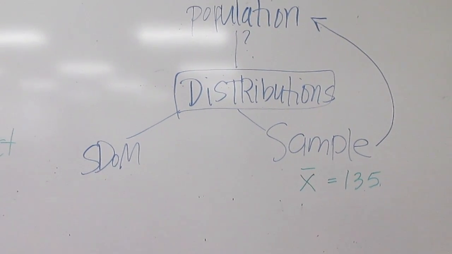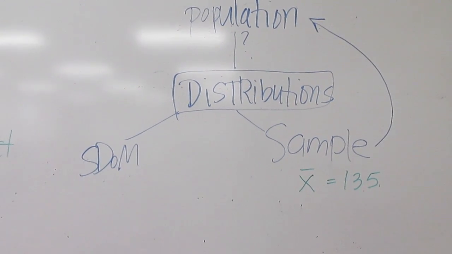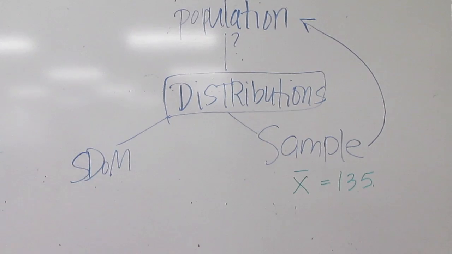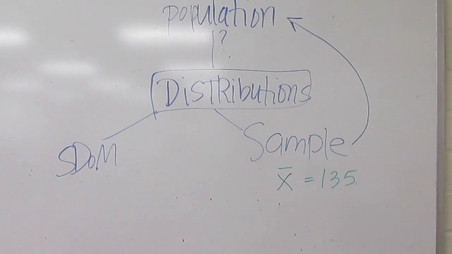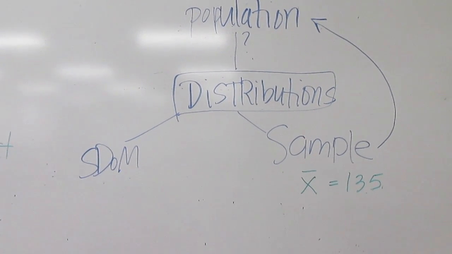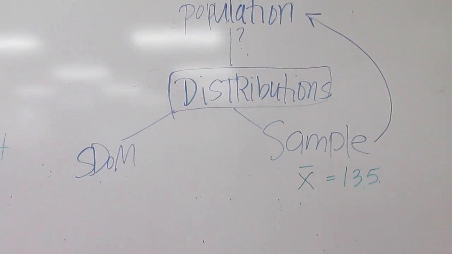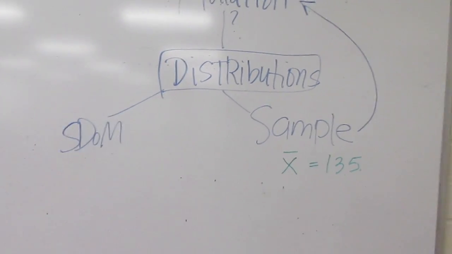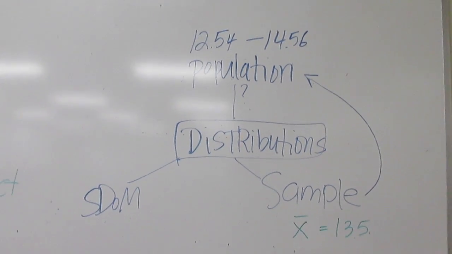And so what we do for confidence intervals is we take as our best guess of the population the sample mean. The best guess that we have for the population mean is the sample mean. After all, we really did get this sample, so maybe it was drawn from a population where mu equals 13.5. But we also want a little bit of spread. We want to go sort of up and down. There's a little bit of error in both directions. And so what we do is we create a sampling distribution of the mean, and through that, we can calculate the confidence interval. I've already calculated it for you.